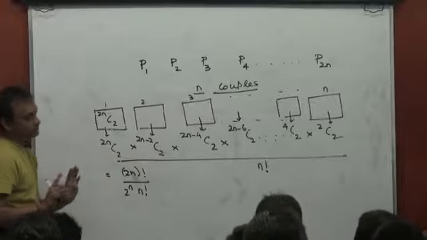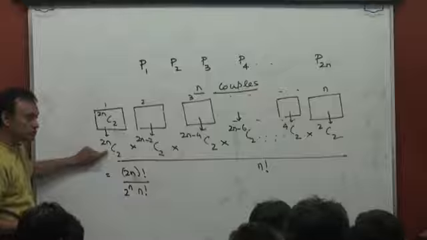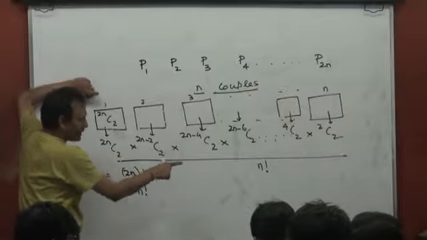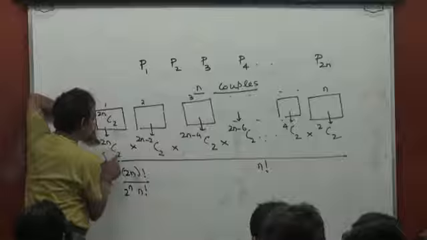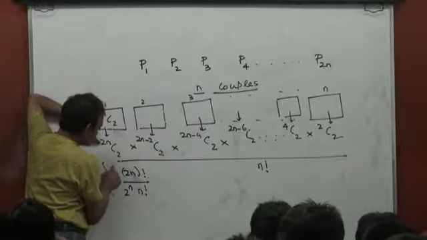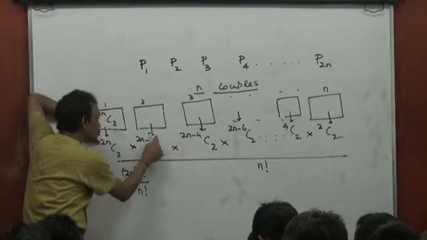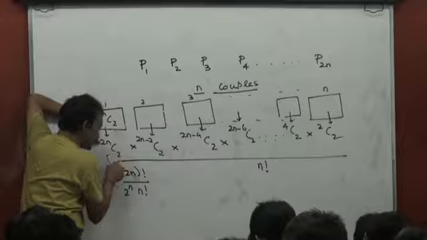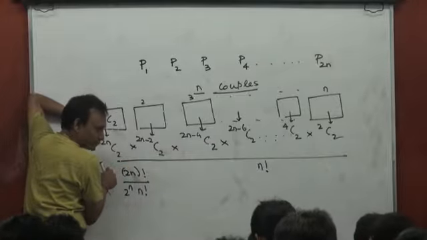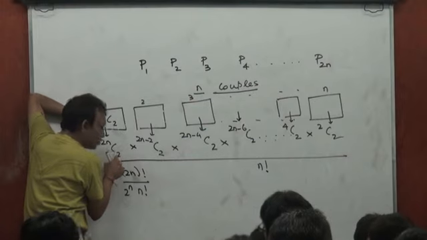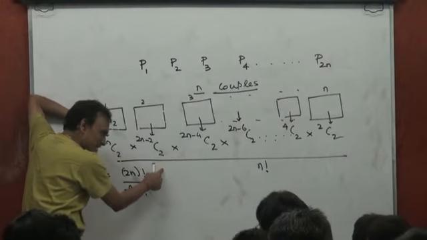You understood why I divided by n factorial? This is 2n factorial by (2n minus 2) factorial by 2. This is (2n minus 2) factorial by (2n minus 4) factorial by 2. So the (2n minus 2) factorial here and the (2n minus 2) factorial in the denominator of this will get cancelled. But the 2 here and the 2 in the denominator of this will stay.